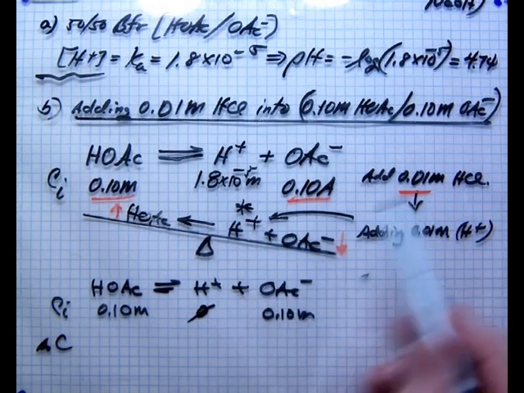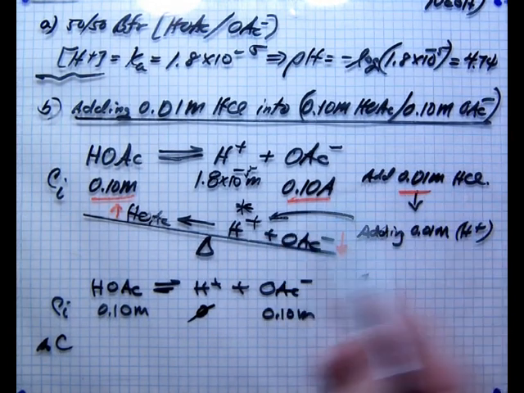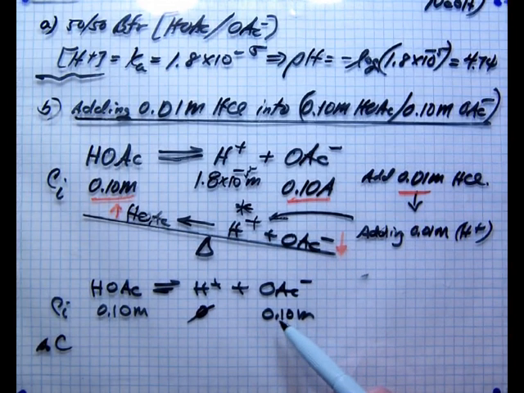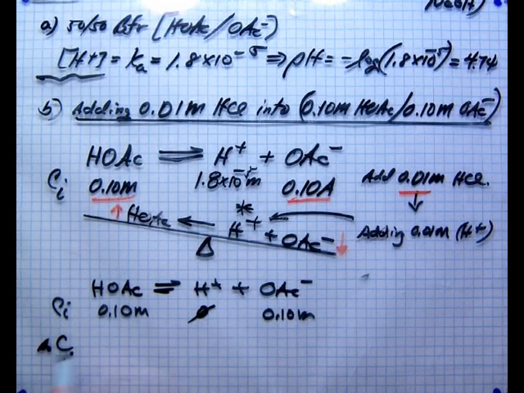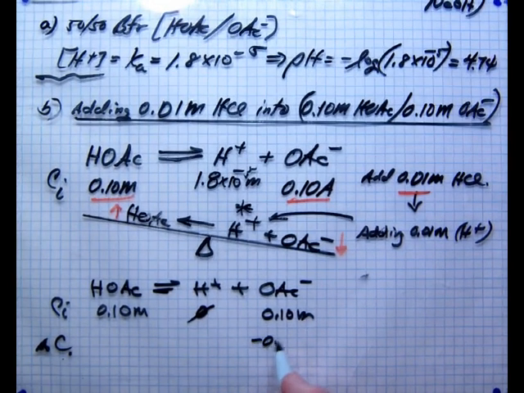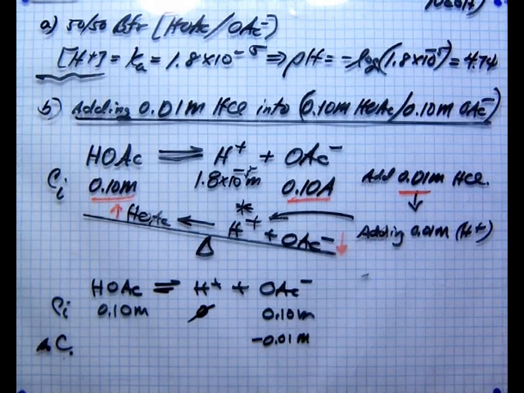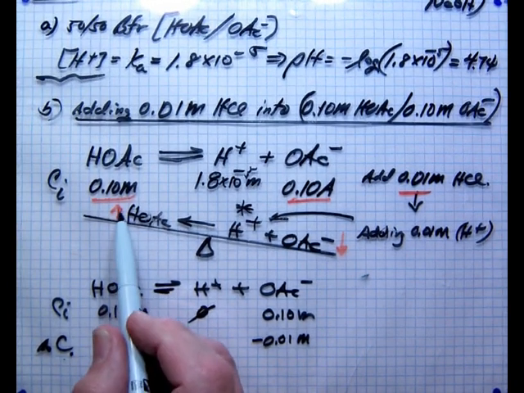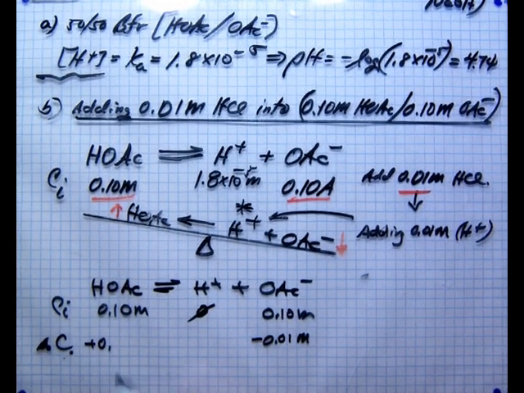The chemistry is going to remove the 0.01 by combining the 0.01 molar hydrogen with the OAc-, so that concentration is going to go down. We're starting with 0.1. In the change, I want to subtract what the chemistry is taking out, because it's shifting to the left. Over here it's increasing, and to reestablish the new equilibrium we add that amount to that side.